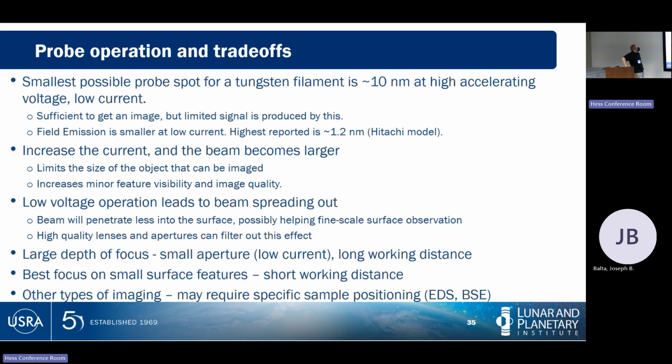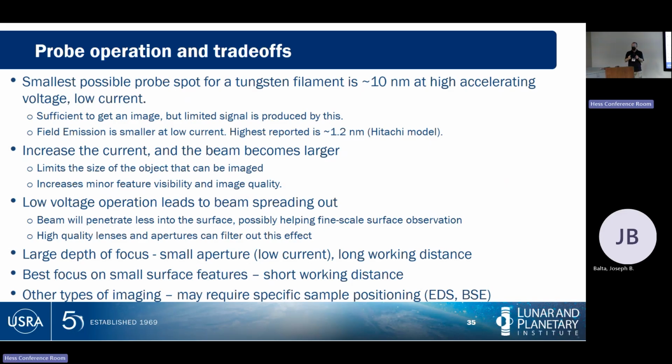The highest precision that I have found that has been reported for a tungsten filament is a spot size of roughly 10 nanometers, which means that if you're taking a 1024 by 1024 image and your spot size is 10 nanometers, you're basically able to focus down to about a 1 micrometer spot size as the best possible image with a tungsten filament.